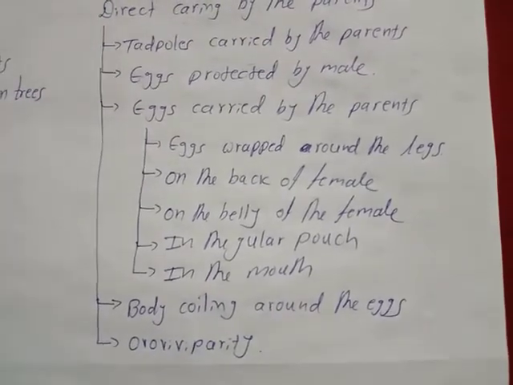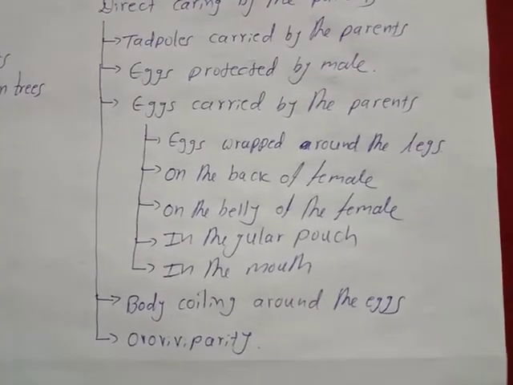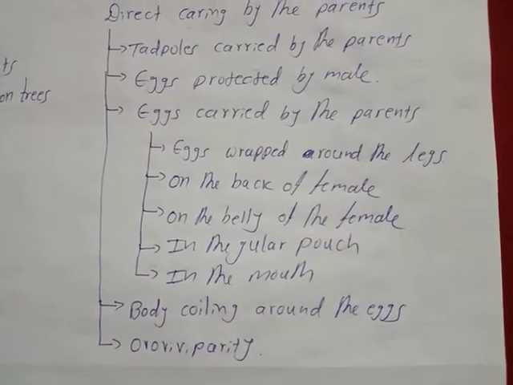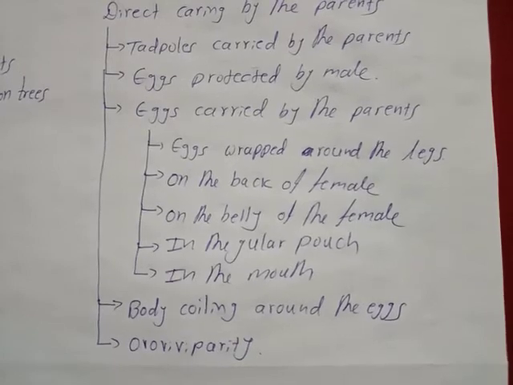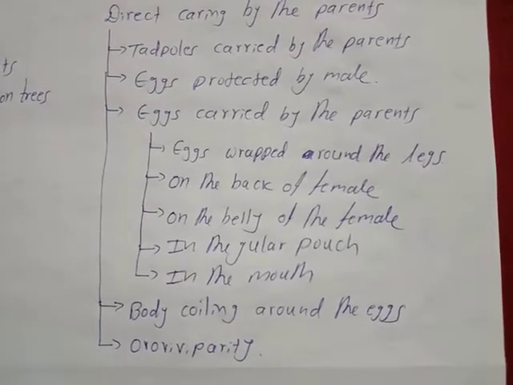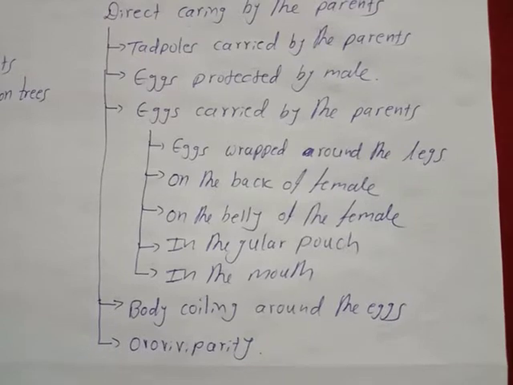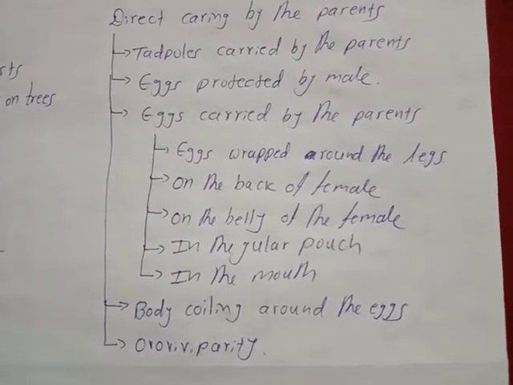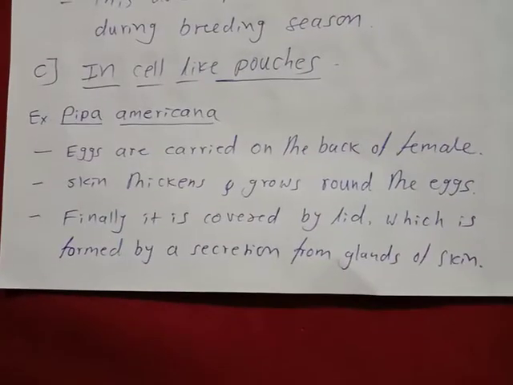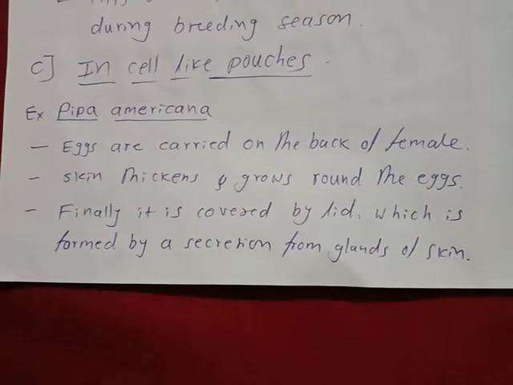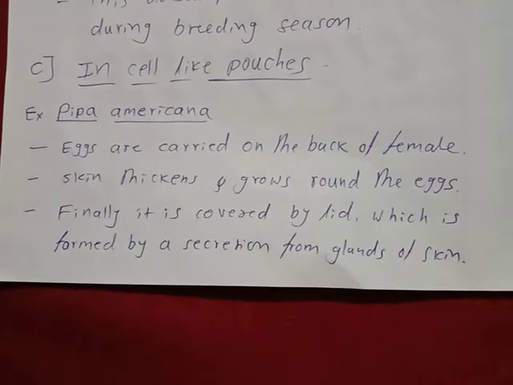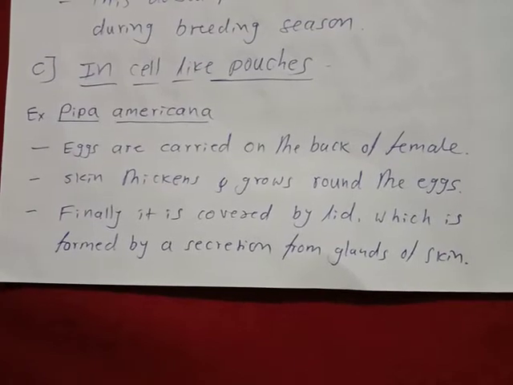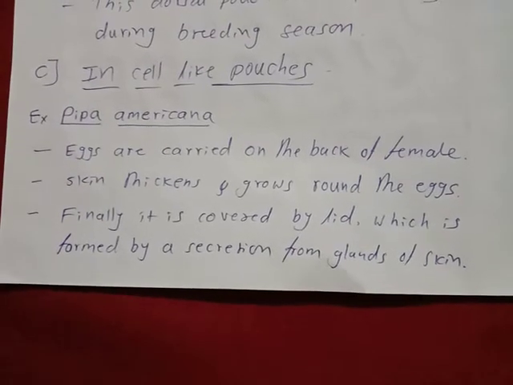So in this topic we already studied that the Brazilian tree frog carries eggs on the back, and second in a common pouch, and third one we are going to study is in cell like pouches, that is, pouches means the bags.